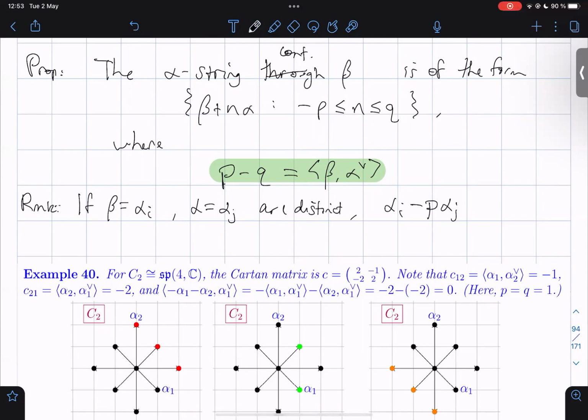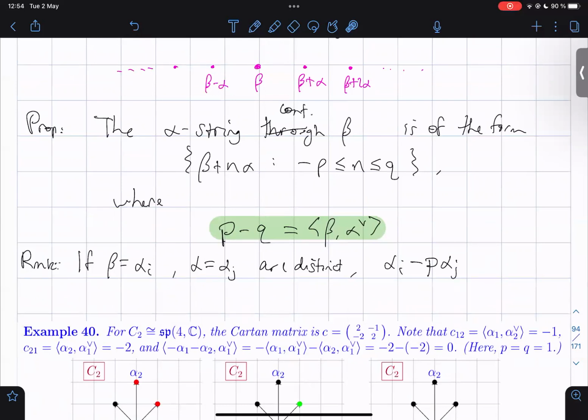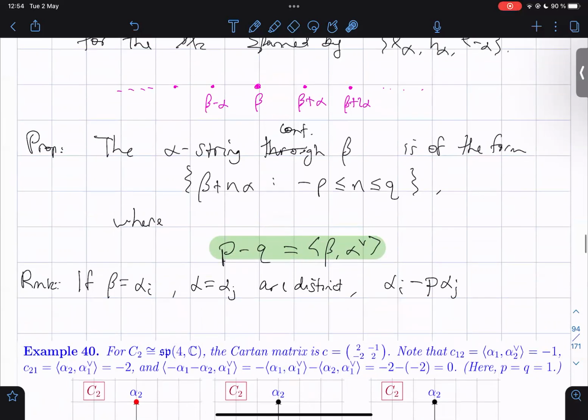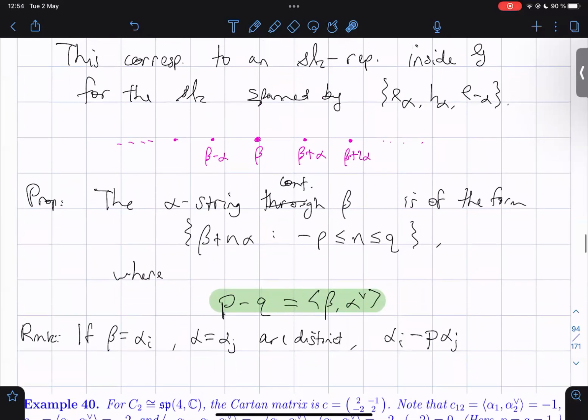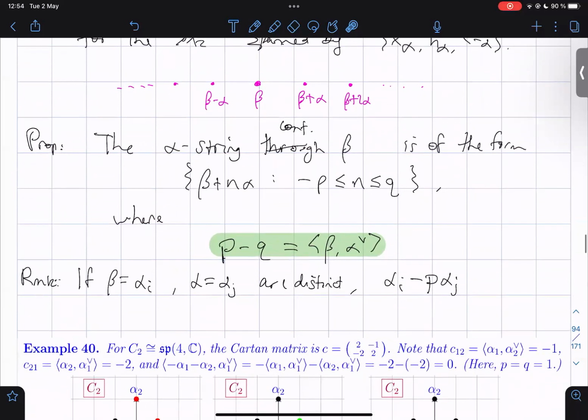First of all, if I start taking differences, going in the negative direction, we want to ask: is alpha i minus p alpha j, p being a non-negative integer, ever a root or zero? That's what we're asking with these strings. And the answer is no, except for p equal to 0.